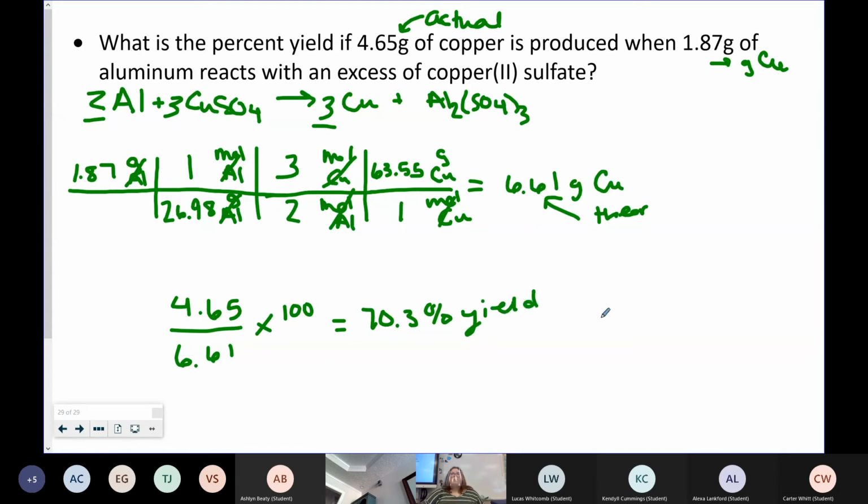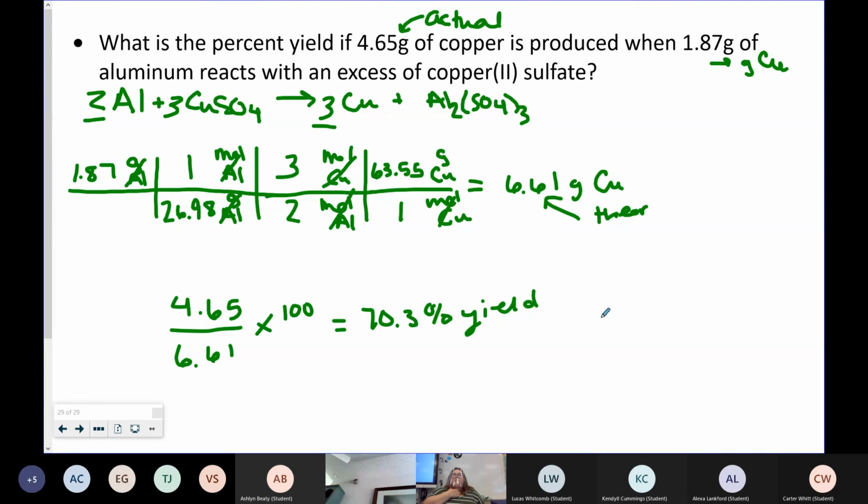So maybe all of our aluminum wasn't in the solution, so not all of it reacted. Maybe it wasn't pure aluminum. Maybe we have excess water in there. Maybe we didn't let it sit and run long enough, so not all of it reacted. There's kind of a whole variety of things that could have caused that difference.